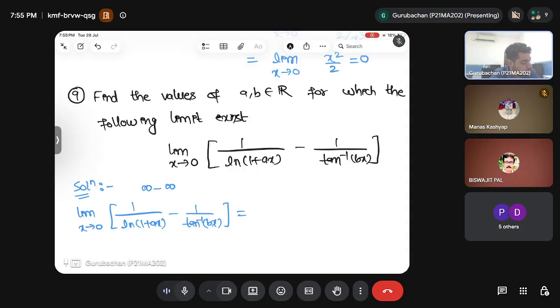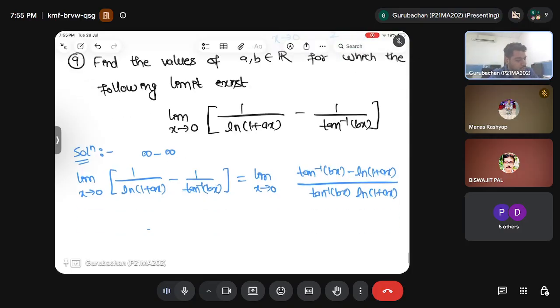So this will come out to be limit x tending to 0 of tan inverse bx minus ln 1 plus ax, divided by tan inverse bx into ln 1 plus ax.